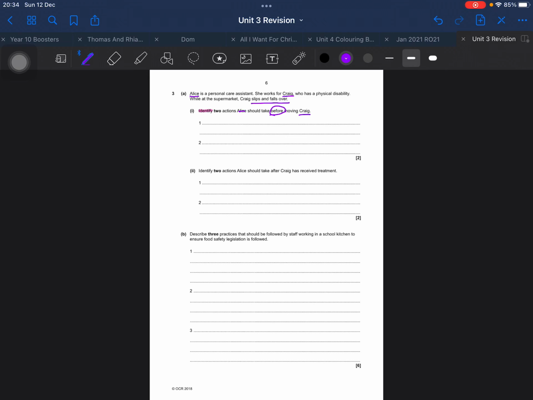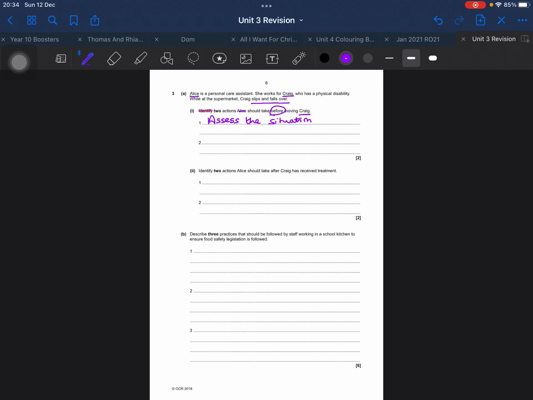Okay, so this is more sort of your general first aid. So the first thing you should do in any situation is to assess the situation. So we're going to assess the situation. Okay, this is only an identify, so we don't need to write any more information from there. What should we do next?